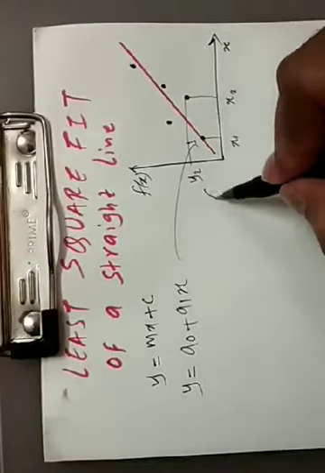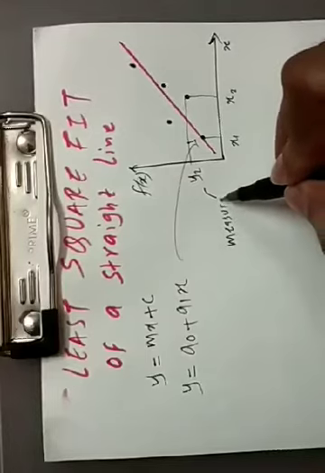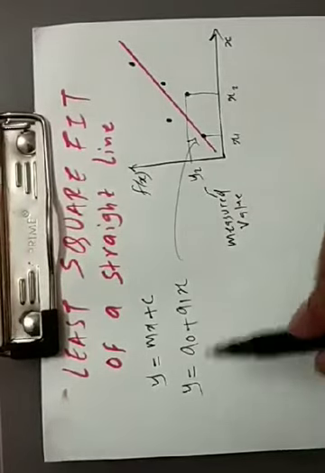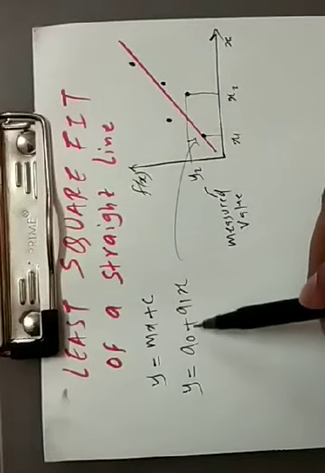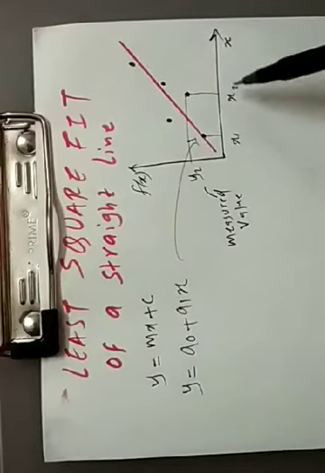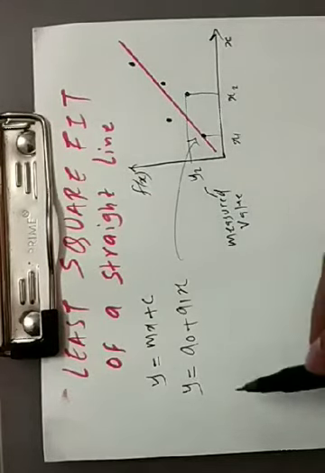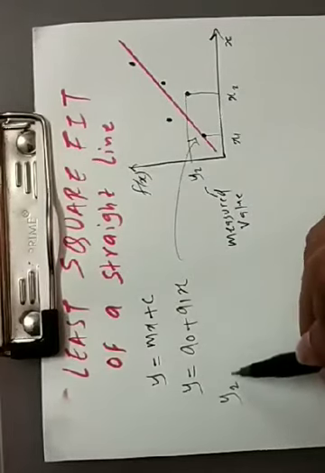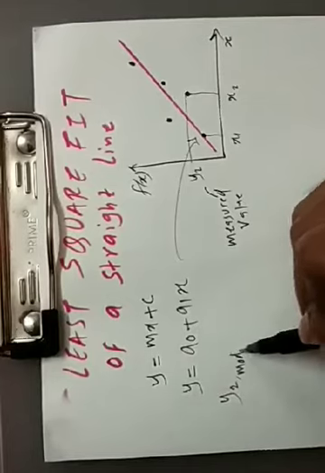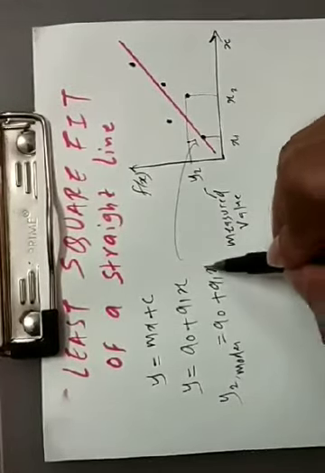So this y2 is the measured value, and if you see this equation y is equal to a0 plus a1x, here if you put x2 in this equation, you will get y2 that is modeled one, a0 plus a1 x2.